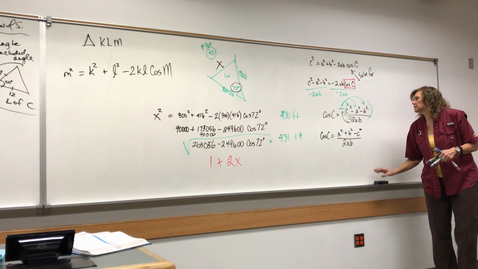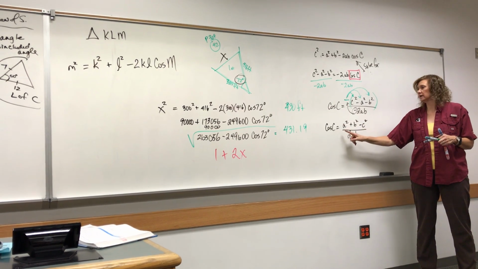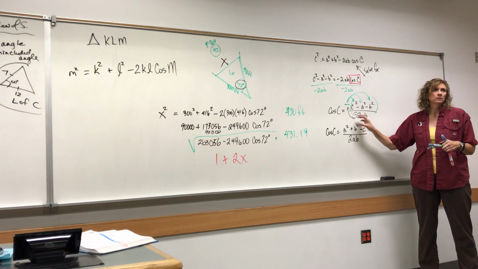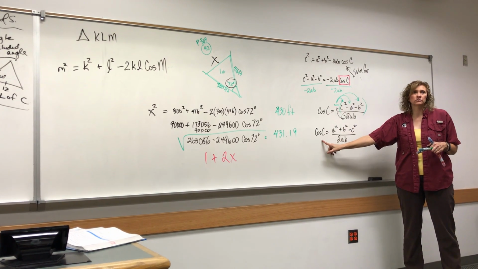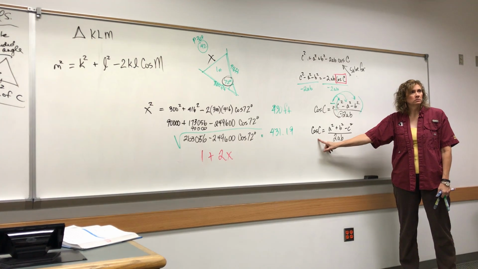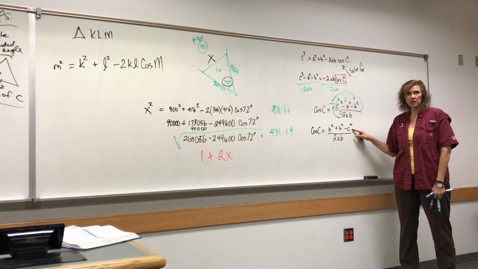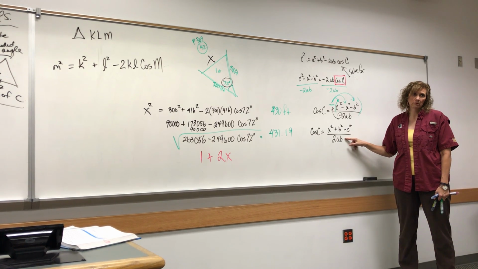And what does this tell me? I have a format where if I have all 3 sides, these are all 3 sides, I can find one of the angles. Guess which angle? The side opposite the one that's being subtracted up top, and he's so sad because he's not in the denominator too.